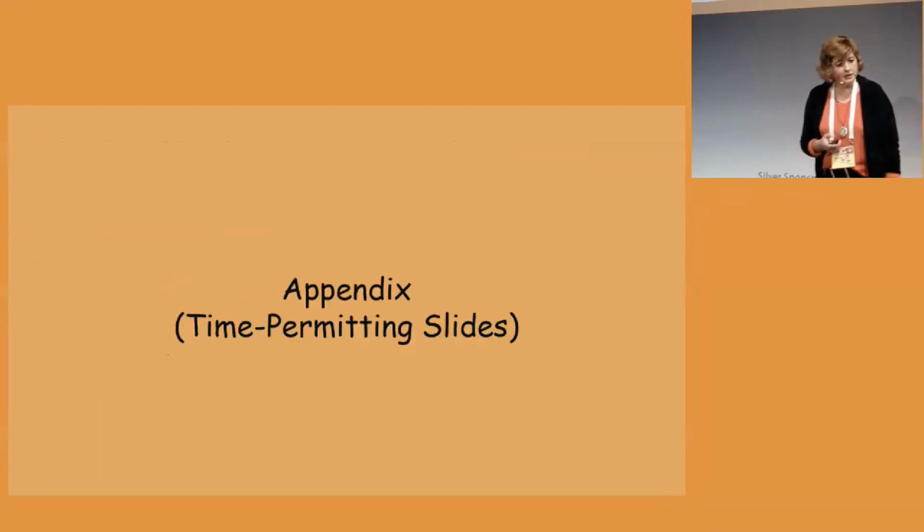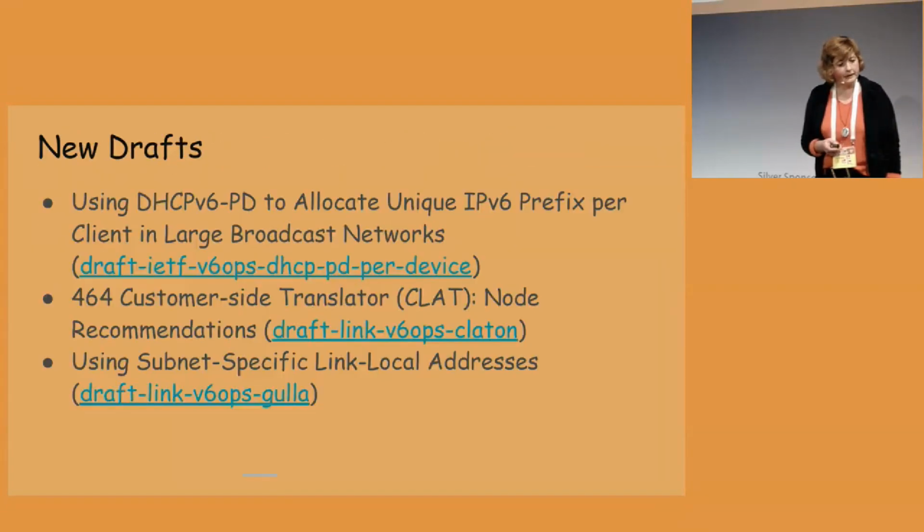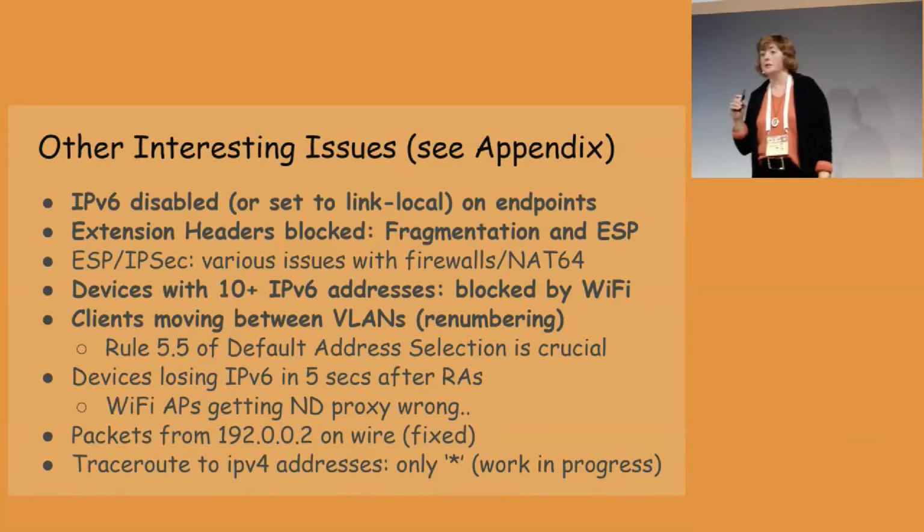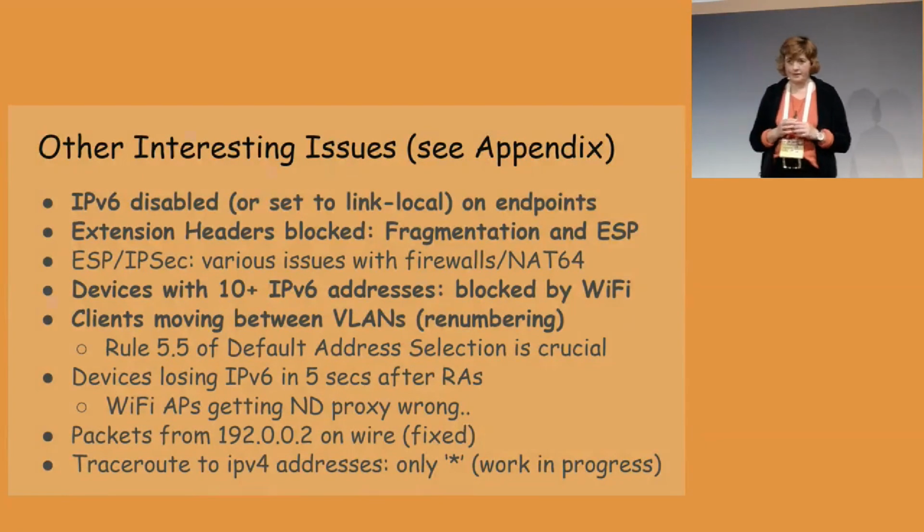Going back to my favorite slide, the one hour slide. So by the way, until recently, macOS was doing a very funny thing. It was using the 464XLAT address, a special one, and considering it to be a normal address because it's assigned on the interface, and it was sending mDNS packets from that source.